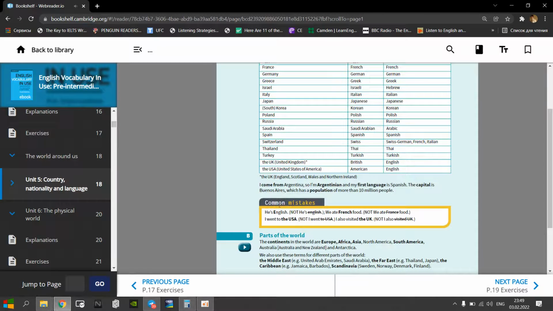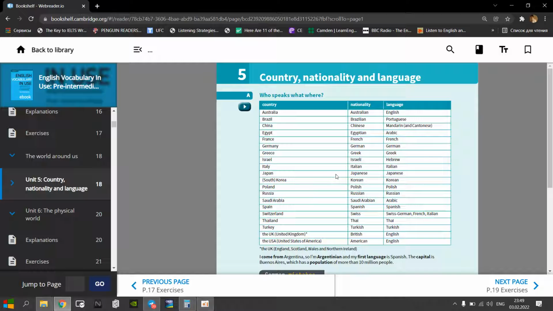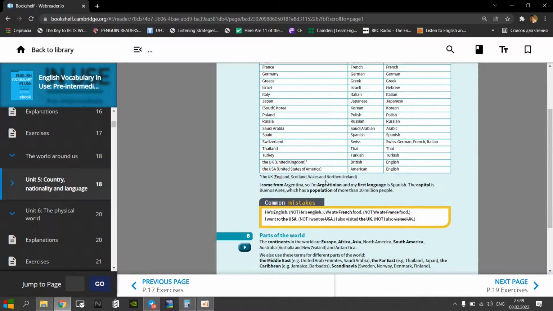So now let's take a look at some common mistakes. He is English. As you can see, we usually write the countries, nationalities, and languages with capital letters. It doesn't matter where they come in the sentence. And as you can see, all capital here, right?